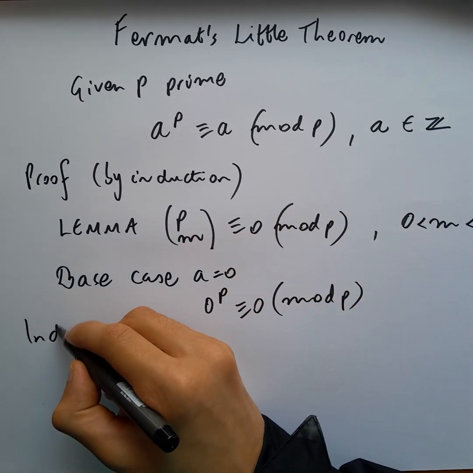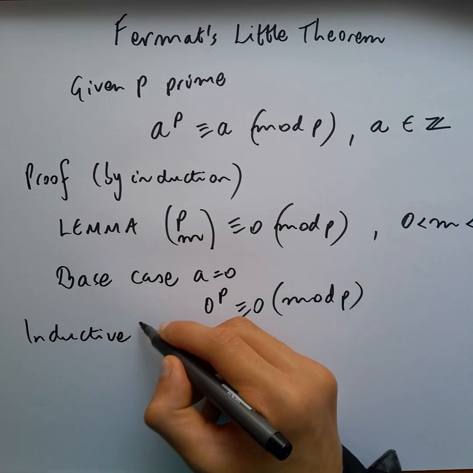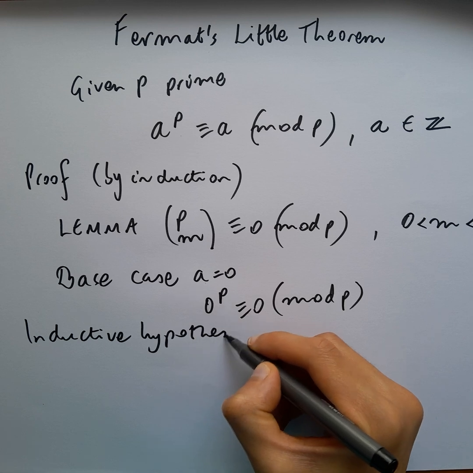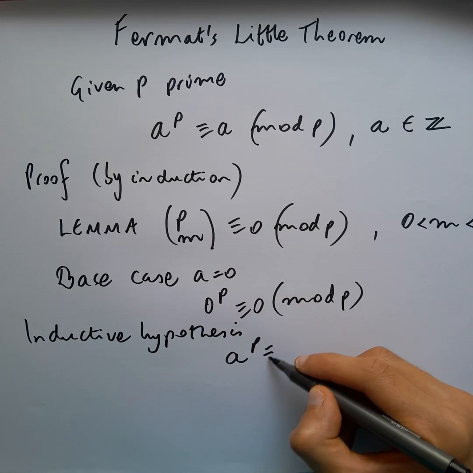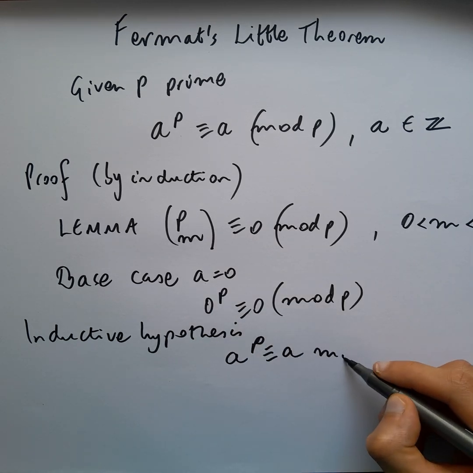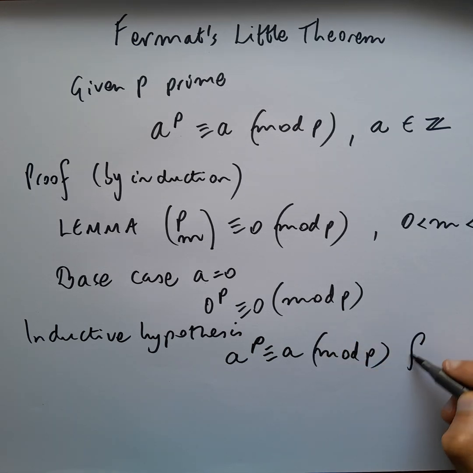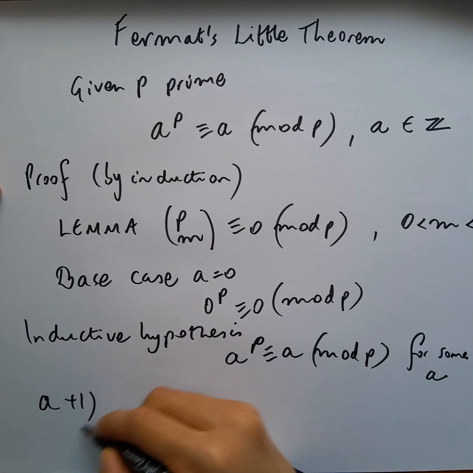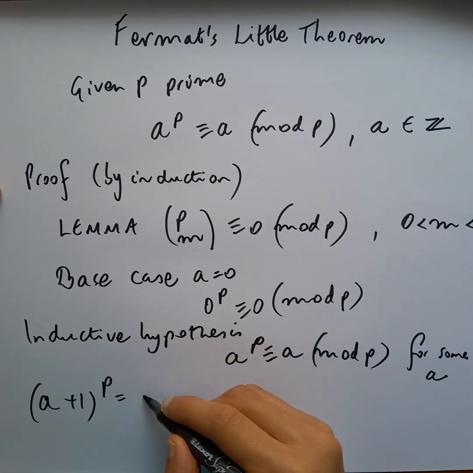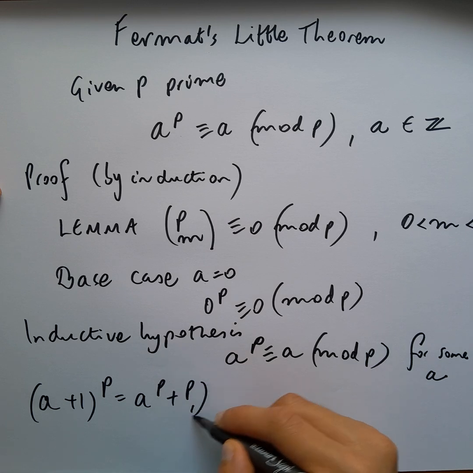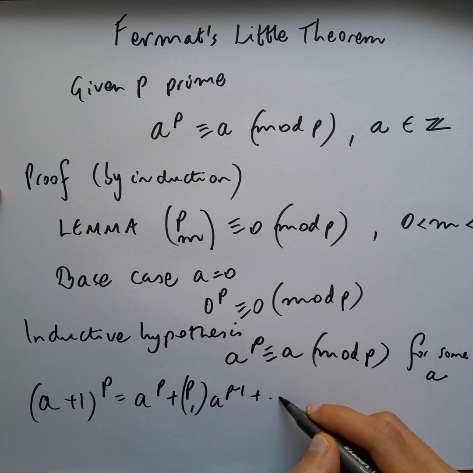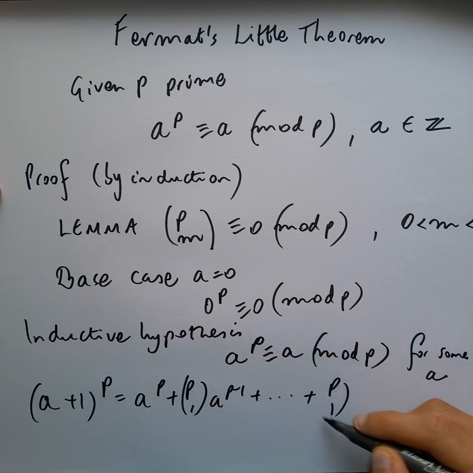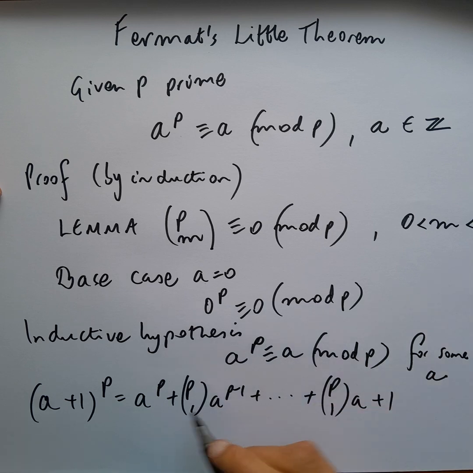And now we assume inductively that a^p is congruent to a mod p for some a. We now use the binomial theorem to expand (a+1)^p as a^p plus p choose 1 times a^(p-1) plus dot dot dot plus 1.